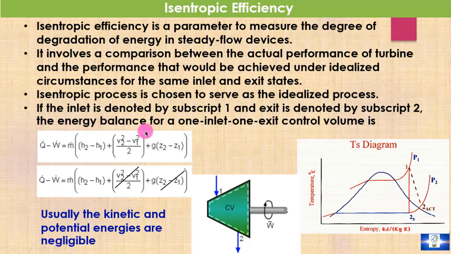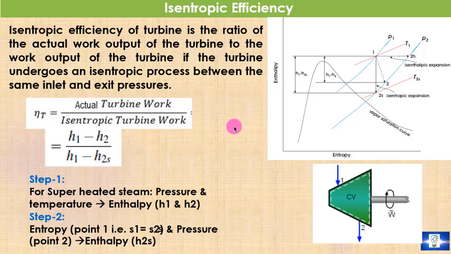From the energy balance, we can say that Q dot minus W dot is equal to m dot into (enthalpy plus kinetic energy plus potential energy). But in our case, the kinetic and potential energies are negligible. So we can say that Q dot minus W dot is equal to m dot into (H2 minus H1).